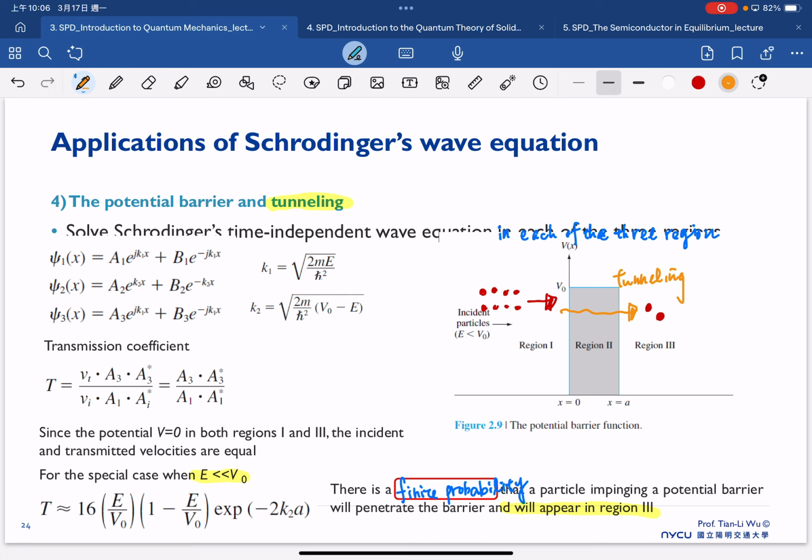But in quantum mechanics, we have the concept of tunneling, where although you have a barrier height here, in the end you still can find the particle in region 3, even if your energy is much smaller than V0. Even when your energy is small, it is possible to have particles here.